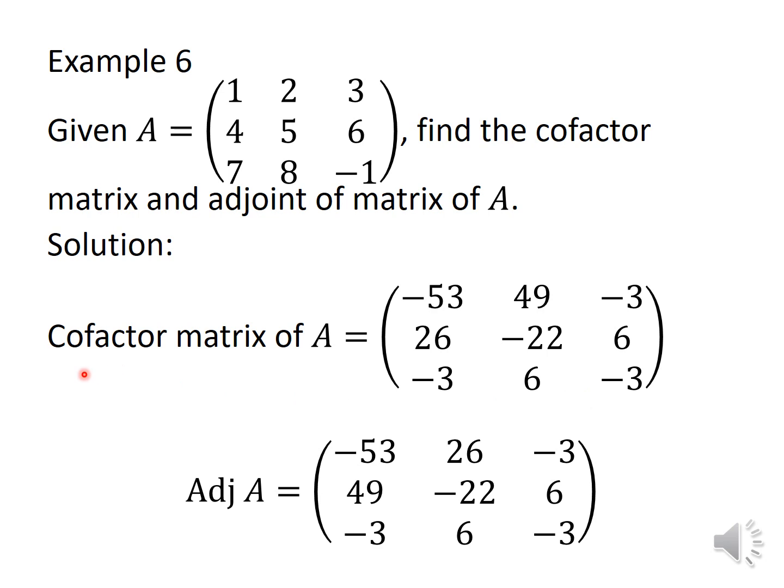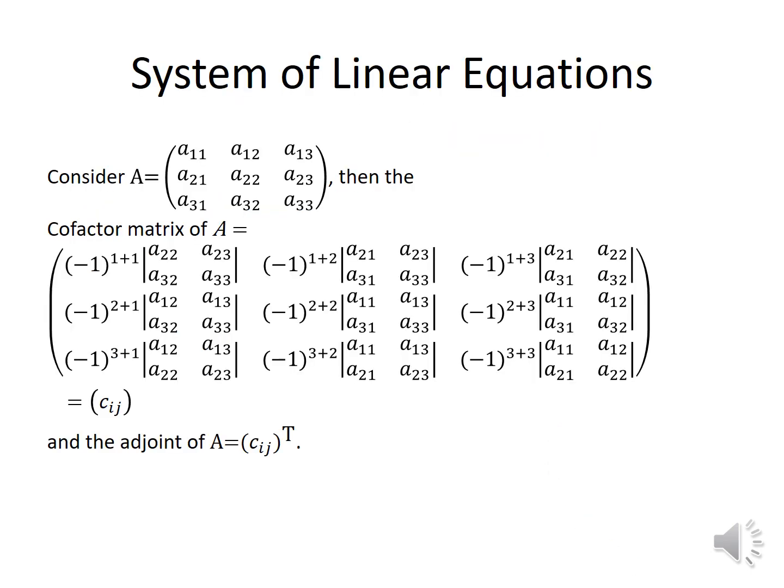So we call it the cofactor matrix of A. And to get the adjoint matrix of A, we transpose the cofactor matrix of A. And this is a summary of how to get the cofactor matrix of A and the adjoint of matrix A.